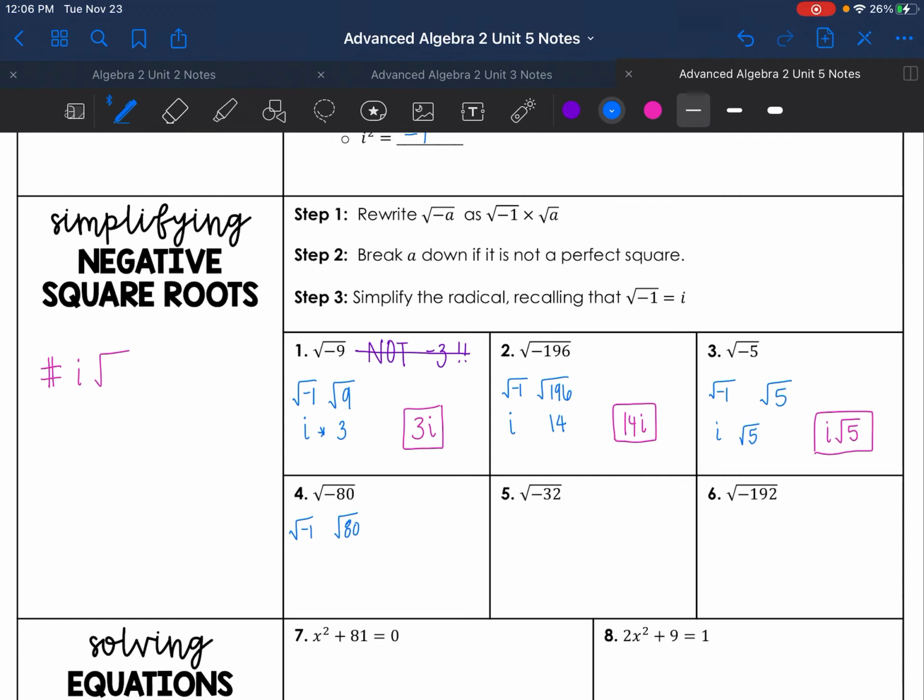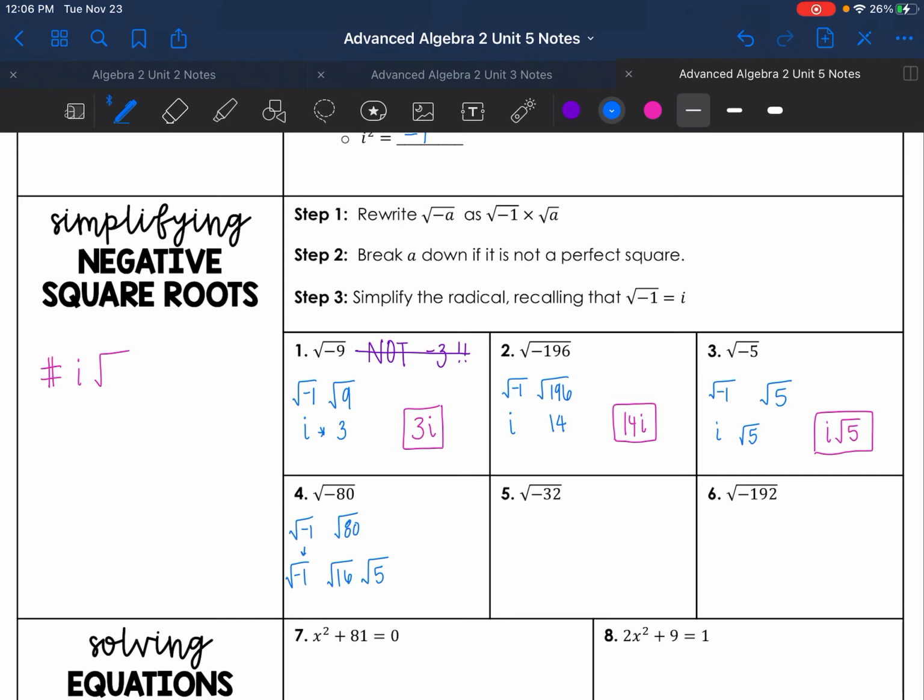You could even start with 49. 80 divided by 36. 80 divided by 25. 80 divided by 16. And you'll find that 80 divided by 16 is 5. So 16 is the biggest perfect square that goes into 80.